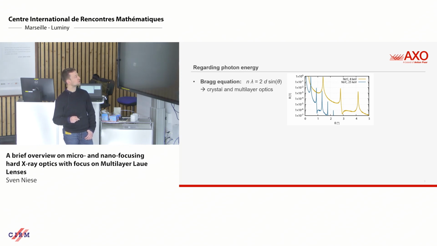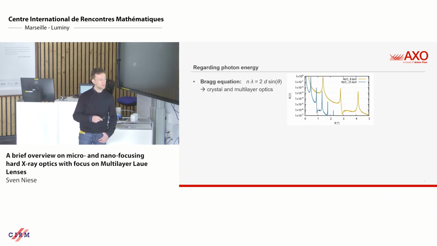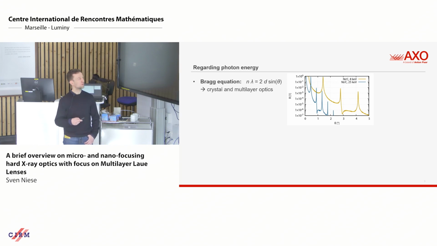If you go to higher energies, the wavelength gets shorter, and therefore also the angles get smaller. This means if you look at the same multilayer at, for example, 25 keV, all the angles shift to the left, which has to be considered, of course.